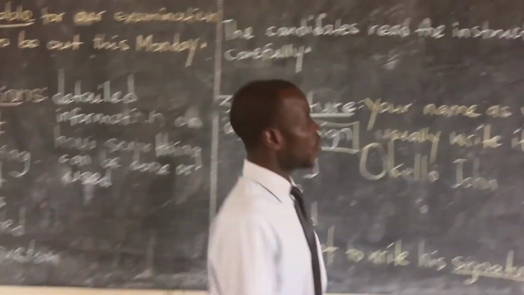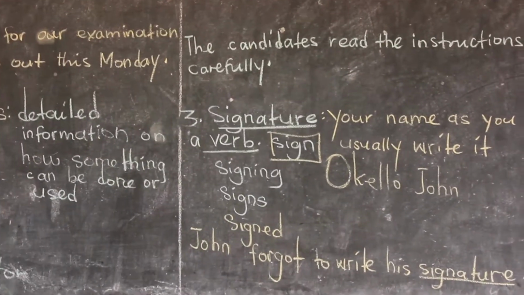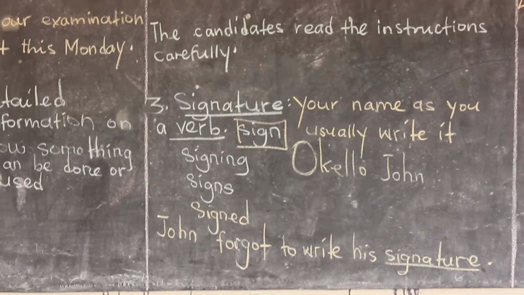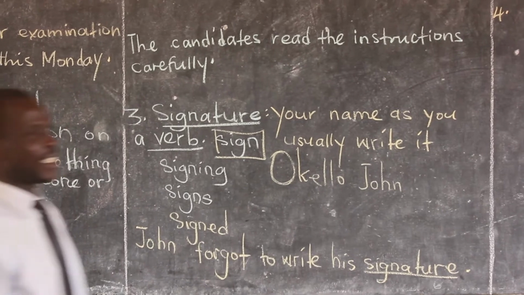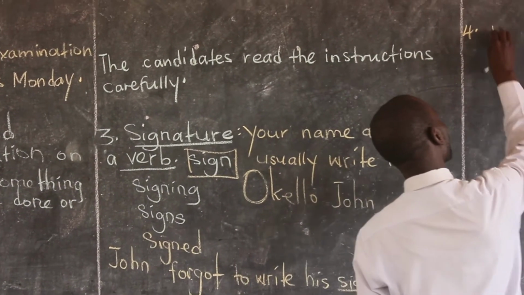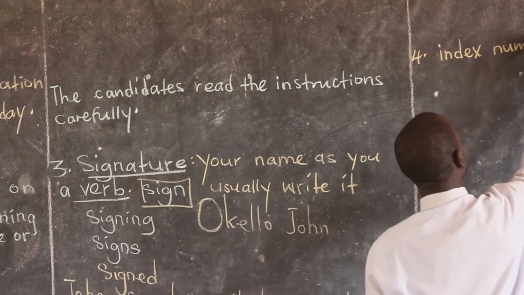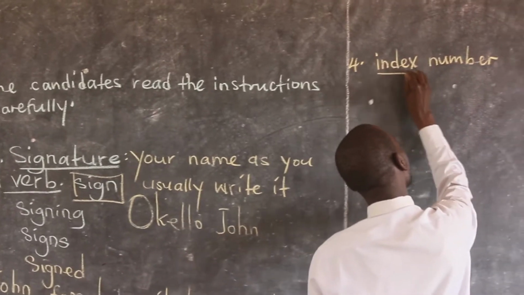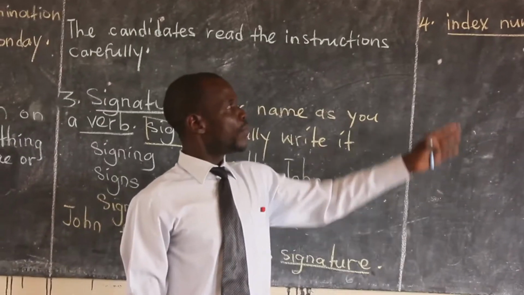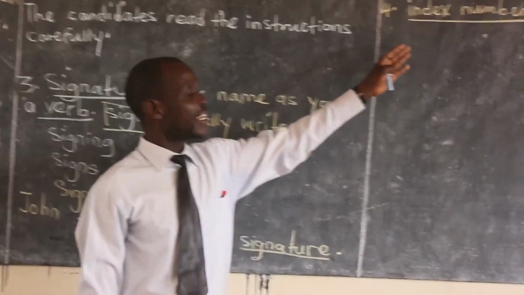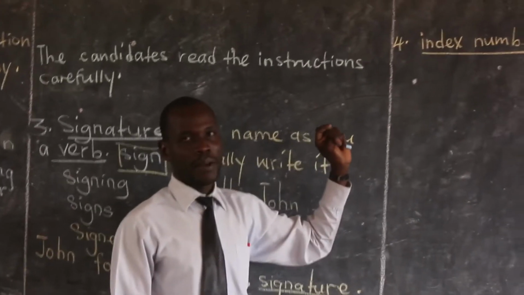We also have another word we want to look at in our subtopic, preparation for examination, and that word is index number. On your paper of examination, you will find a space provided for this index number.